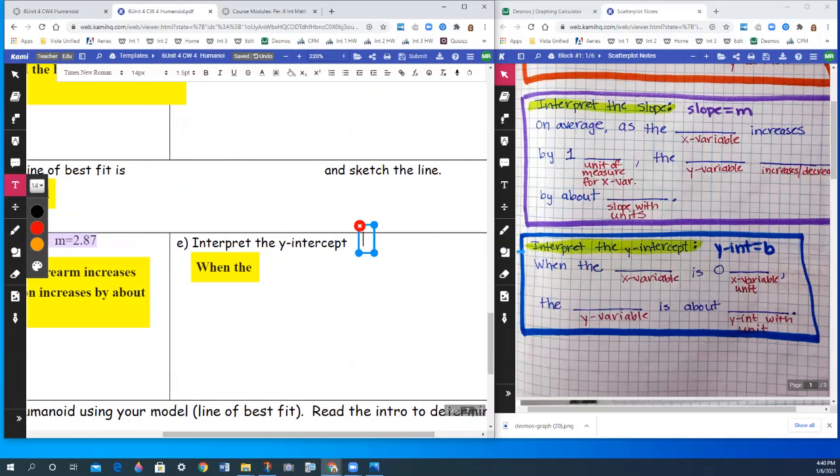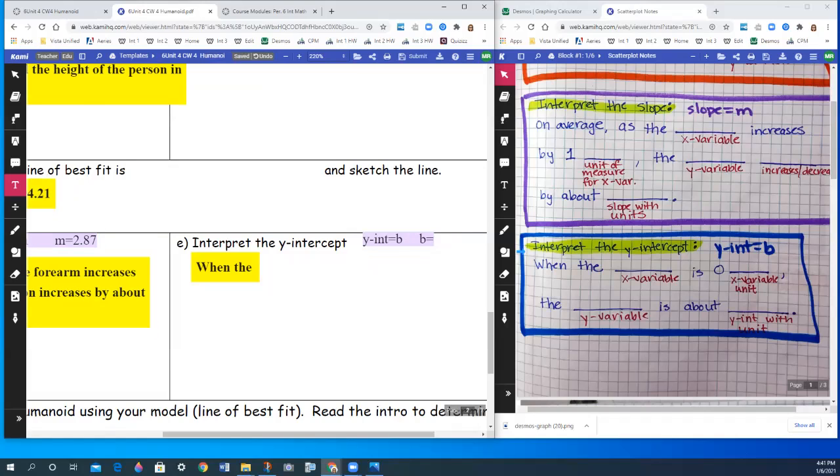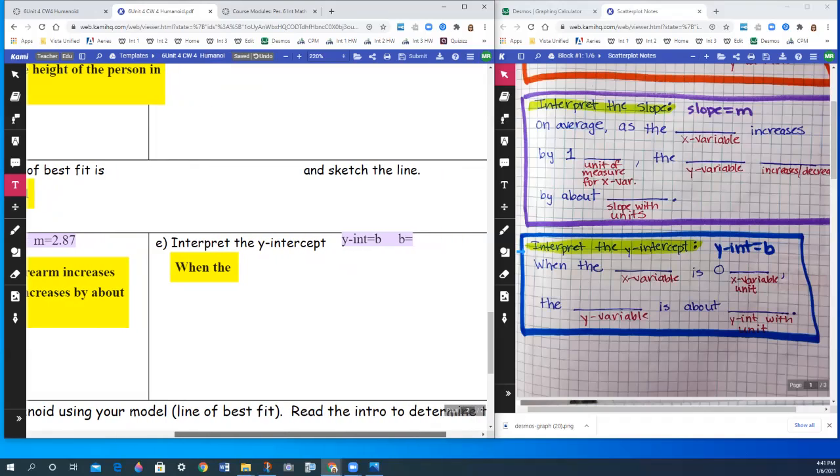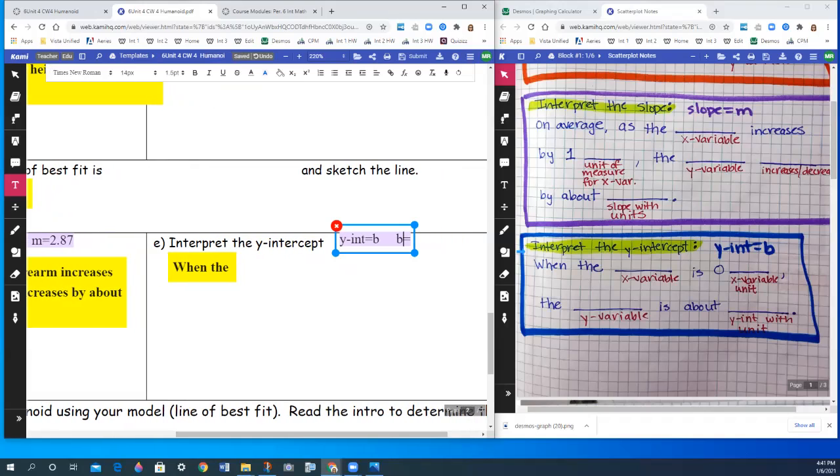So I'm going to put here, y-intercept equals your b, and in this case our b is 94.21.